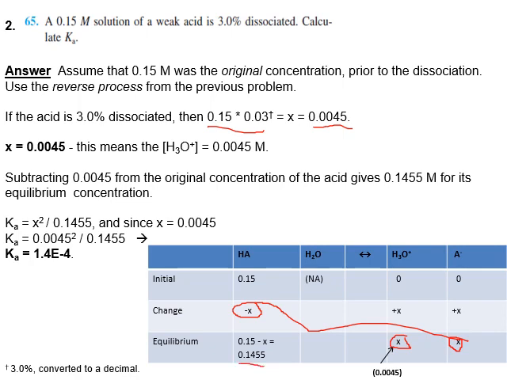Now remember, it's the equilibrium positions here that we care about. That's what we need, what these concentrations are on this bottom row. So now you have a number for this, this, and this. Just go ahead and do your x squared over 0.1455, and that's going to give you your Ka, and you're finished. For the sake of time, let's go ahead and go on to the next one.